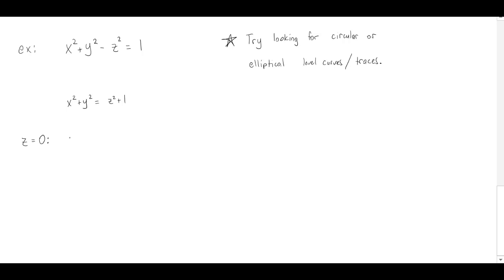If I do that, we get x squared plus y squared equal to 1. We know that's a circle of radius 1, and this is at the height of z equals 0, which puts us in the xy plane. So in the xy plane, we should have a circle of radius 1.